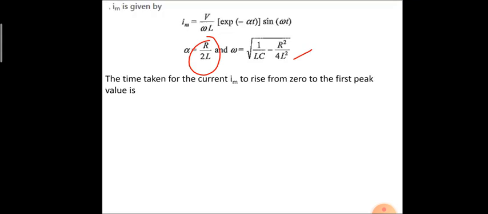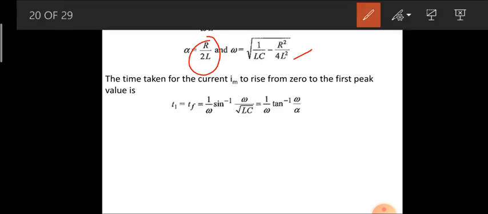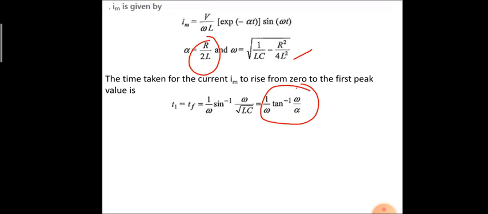So, the time taken for the current Im to rise from 0 to its first peak value, that is T1, equals Tf, which is equal to 1 by omega sine inverse of omega by root LC, which can be written as 1 by omega into tan inverse of omega by alpha. This is for T1.